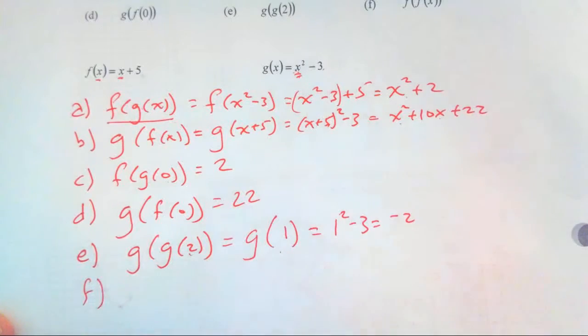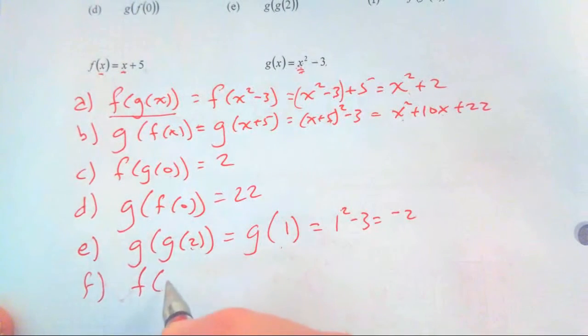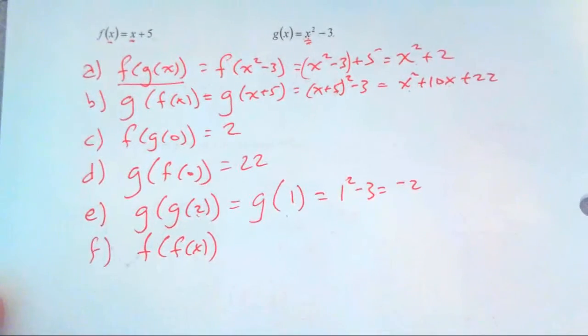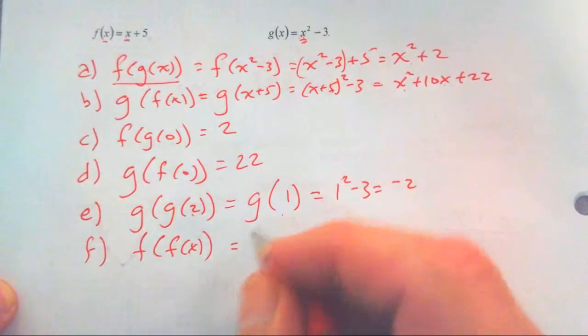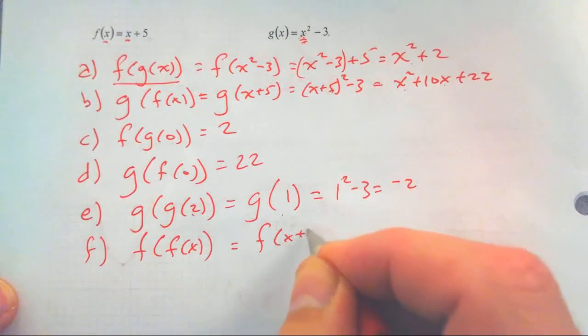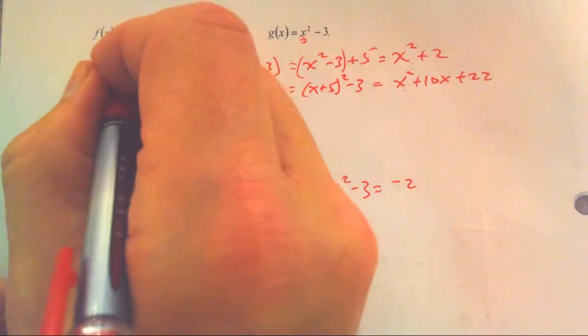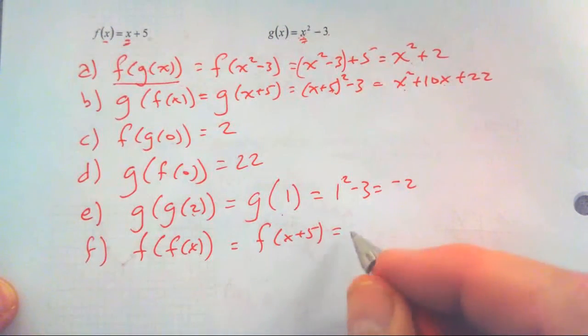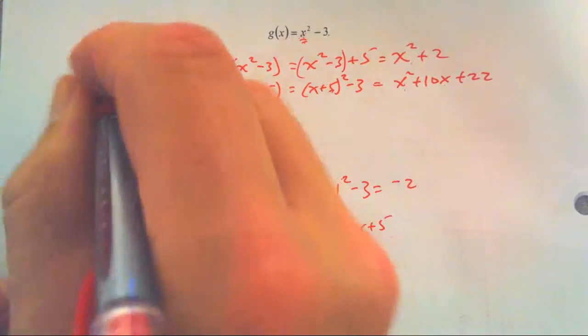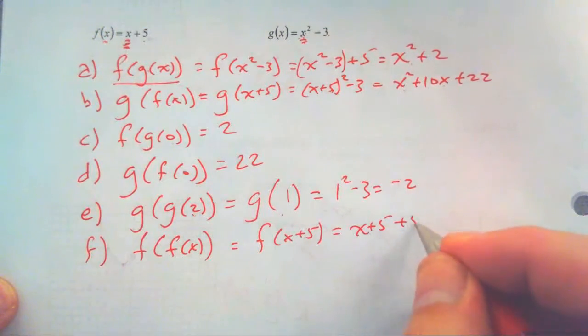And f of x, well, that's f of x plus 5, and f is a factory that puts things, my thing just happens to be x plus 5, right here, and adds 5.